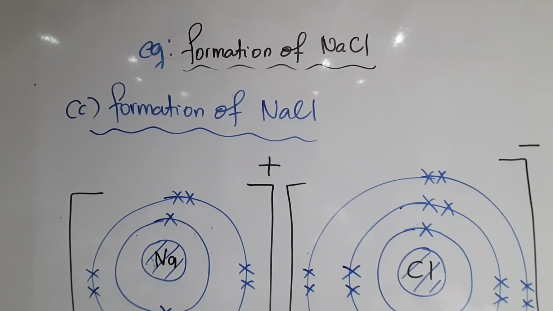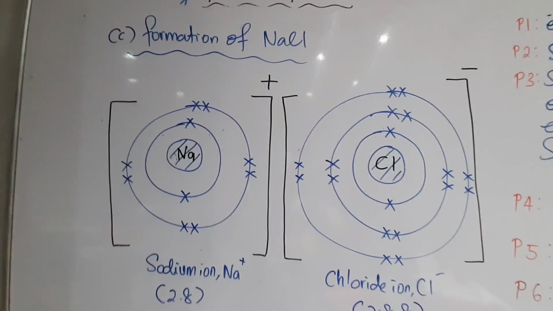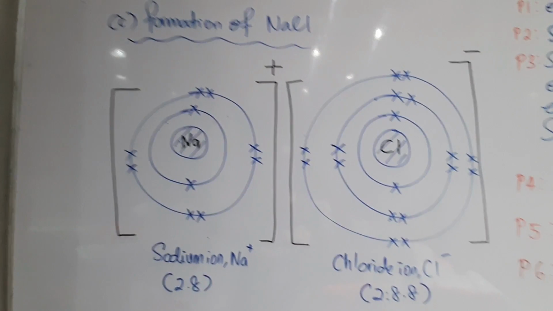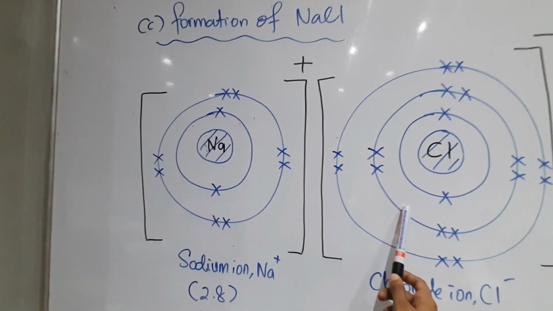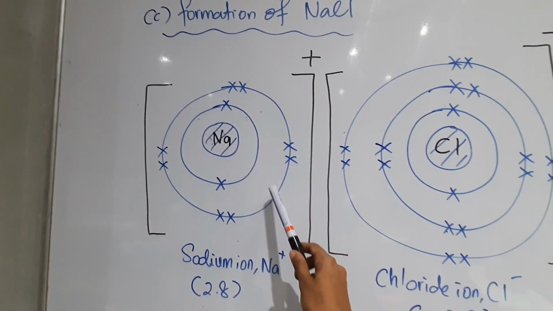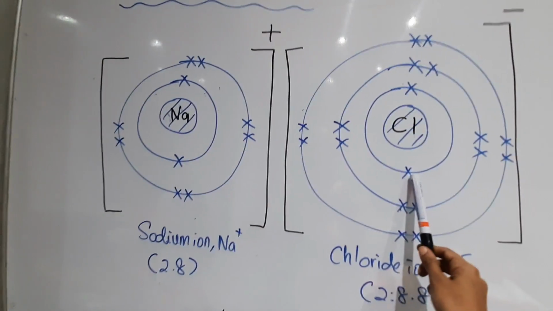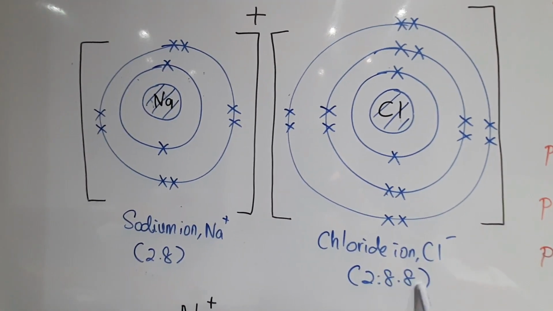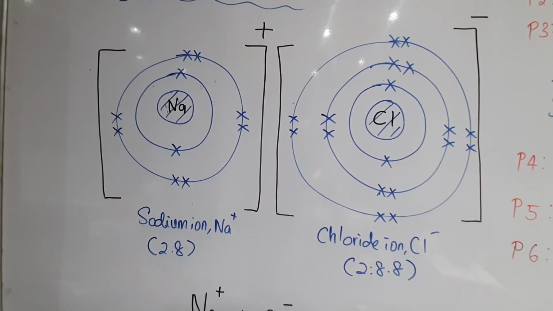The final stage will be the formation of sodium chloride. Now, let's look at this diagram. Upon formation of sodium ion and chloride ions, the sodium ion's electron arrangement is 2,8, whereas chloride ion is 2,8,8. Both have achieved their stable octet electron arrangement.